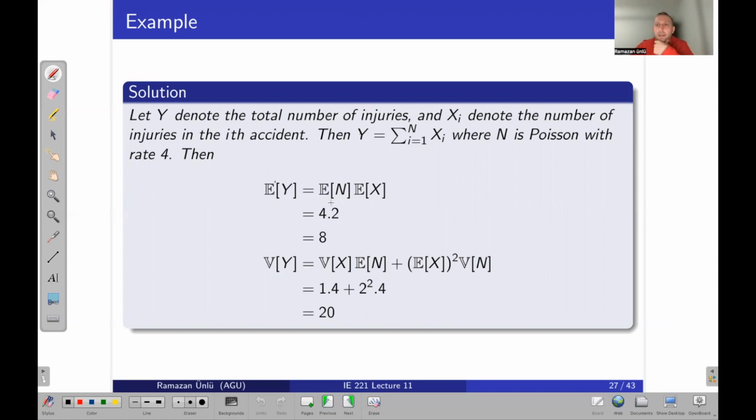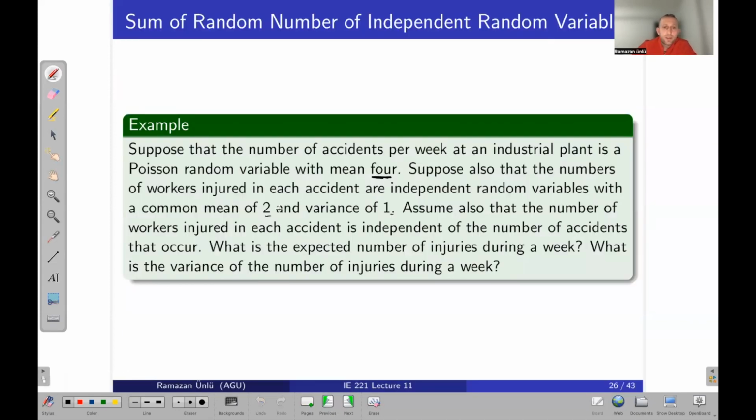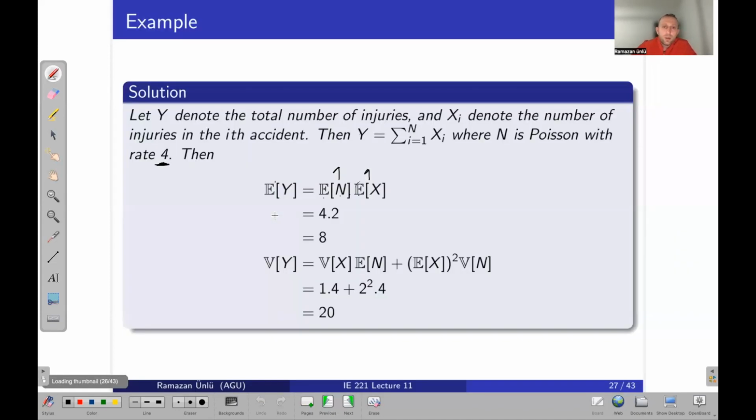And the formulation I need to use is expected value of N times expected value of X. That is simply the average number of accidents times the average number of injuries. The expected value of N is given as 4, and the expected value of X is also given in the question, which is 2. So it is simply 4 times 2, which is 8. So the expected total number of injuries is 8.